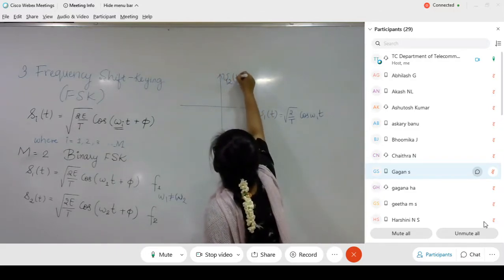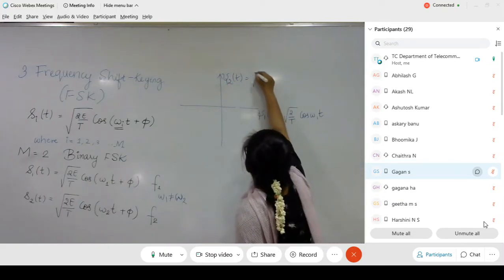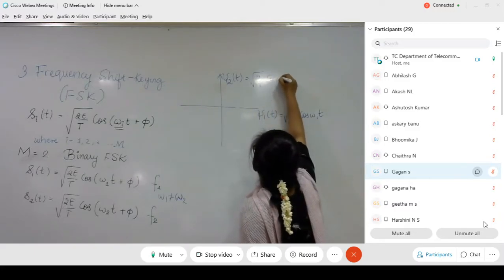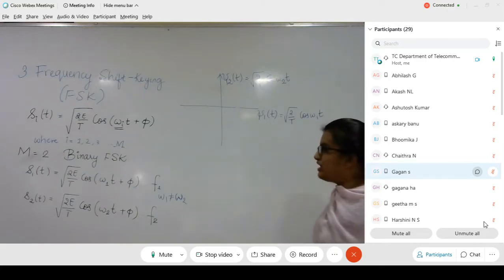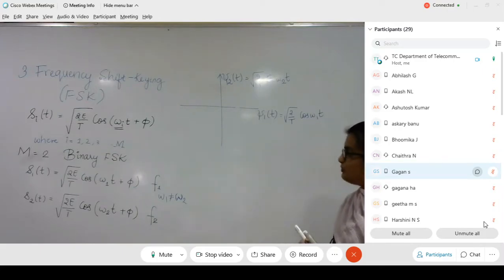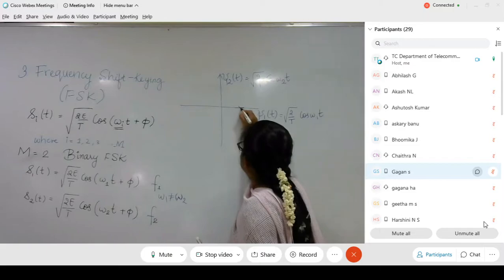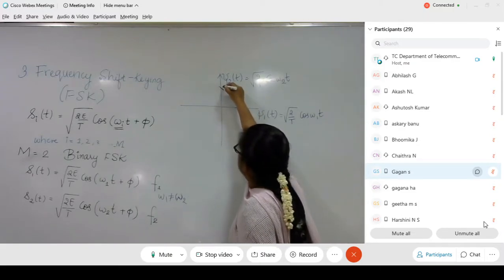In this case the basis function is xi_2(t), with amplitude root 2 by T, cos omega_2 t. So there are two basis functions required to represent the symbols. Symbol 1 is represented along xi_1 and symbol 2 is represented along xi_2.